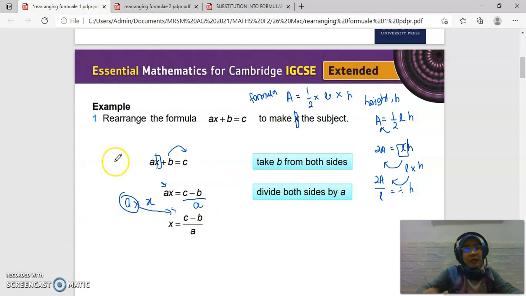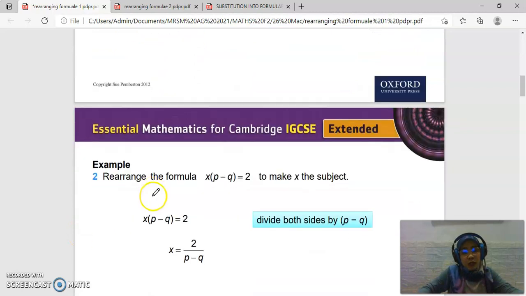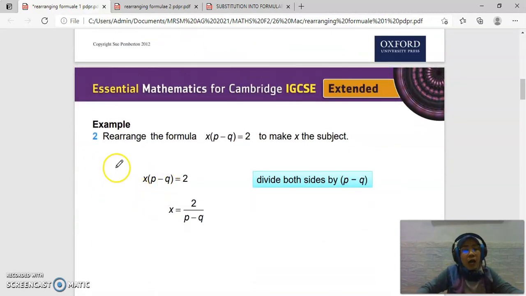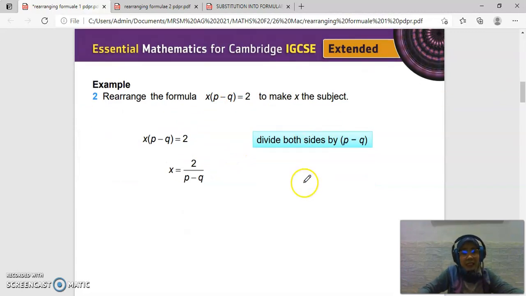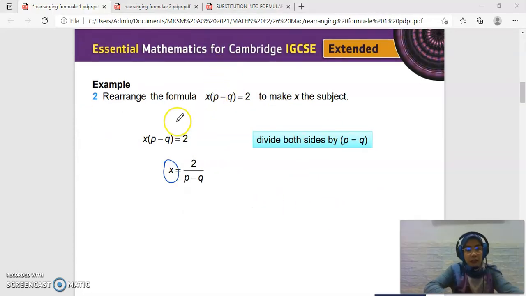So we go to the next question, example 2. Rearrange the formula x(p minus q) equal to 2 to make x the subject. The rule is that you bring anything unknown that is not x, beside x, to the other side. For this one, the unknowns beside x are p and q.